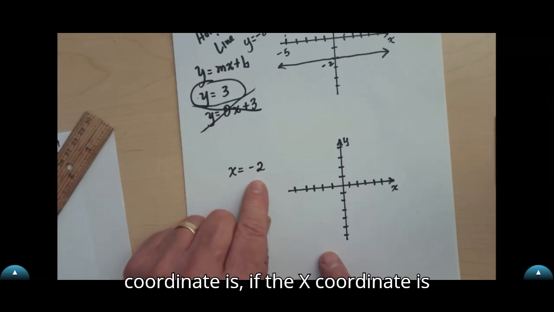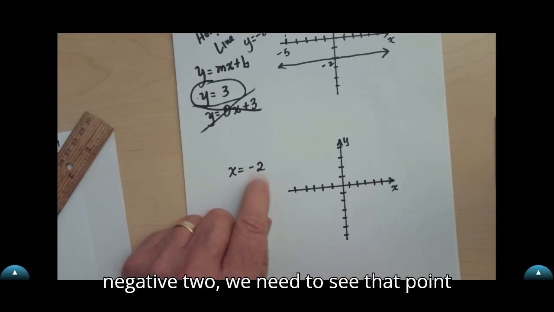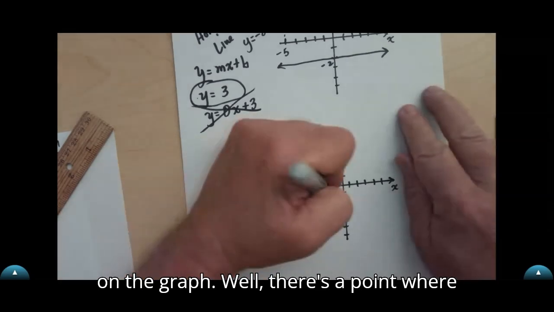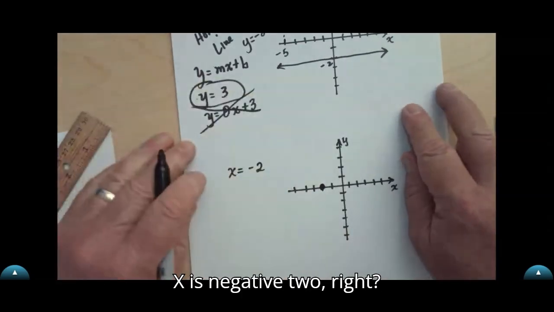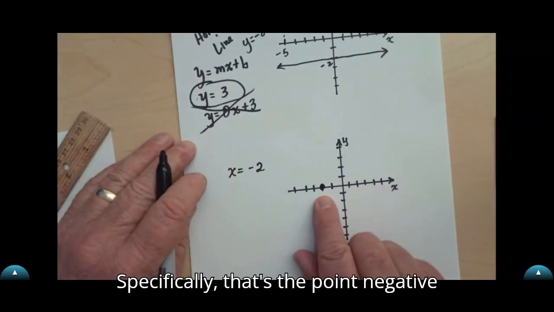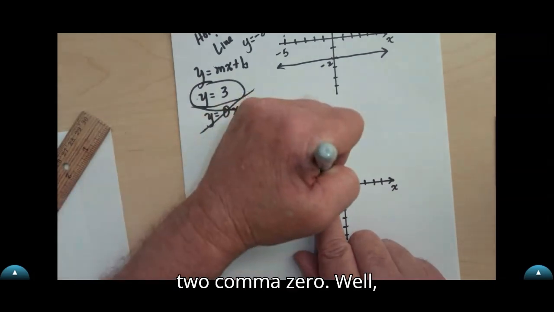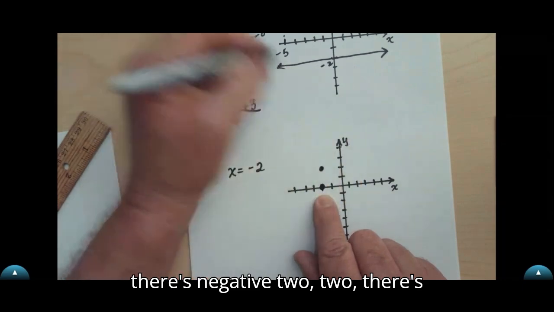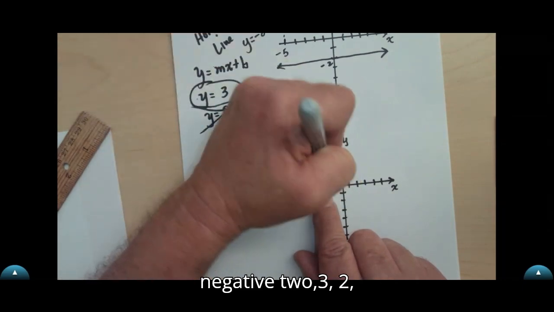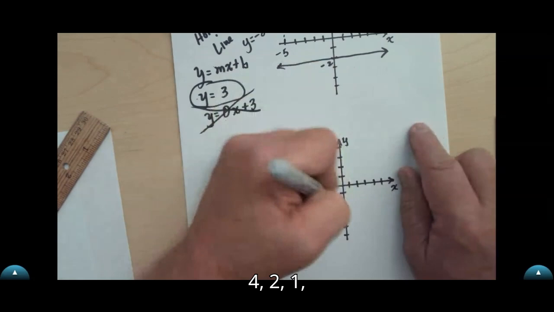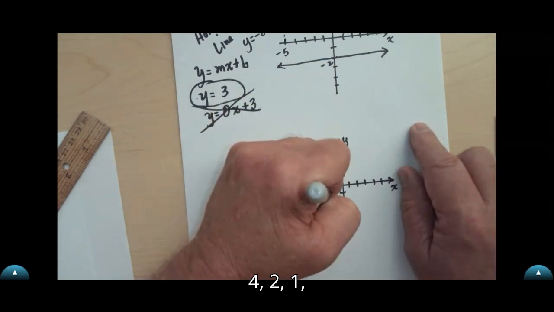If the x coordinate's -2, we need to see that point on the graph. Well, there's a point where x is -2, right? Specifically, that's the point -2, 0. Well, there's -2, 2. There's -2, 3, -2, 4, -2, -1, and so on.